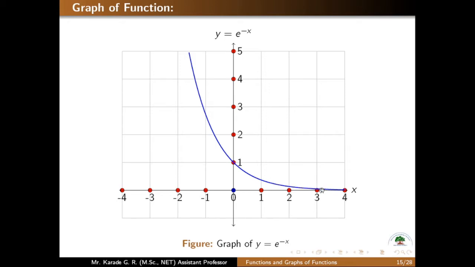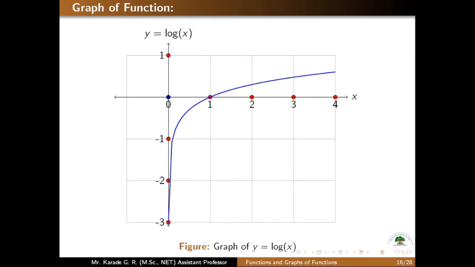So we can say that the limit of e raised to the power minus x is 0 as x approaches plus infinity, as x becomes larger and larger, e raised to the power minus x approaches the value 0. Okay, so this is a decreasing graph.